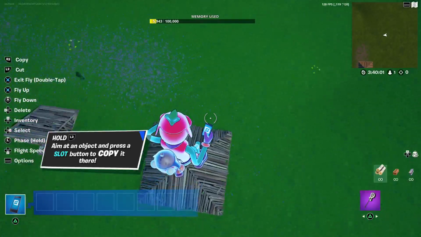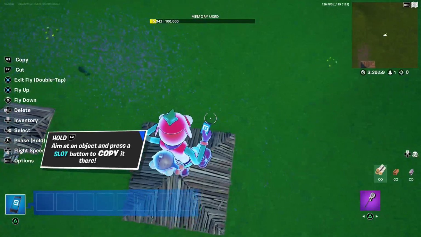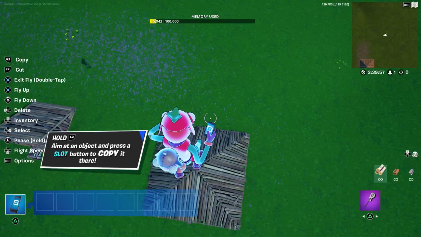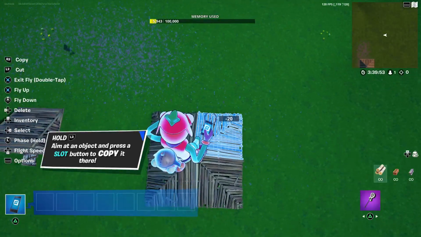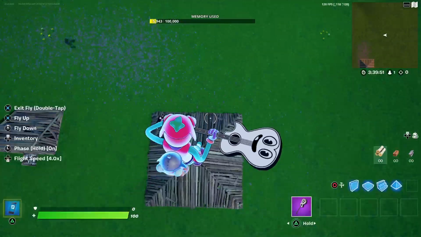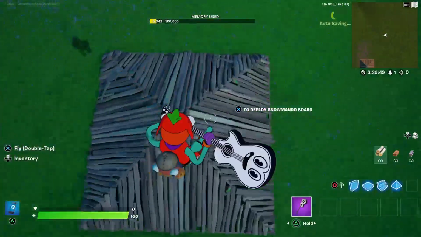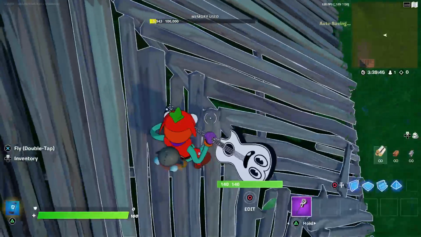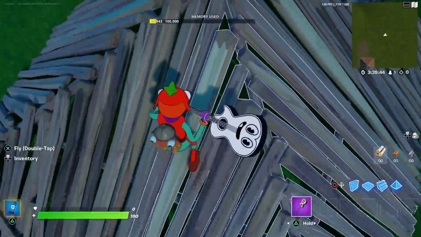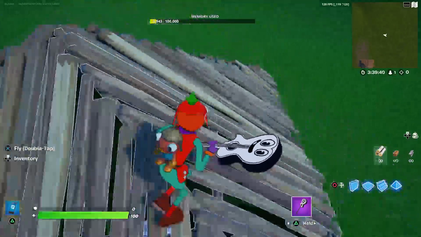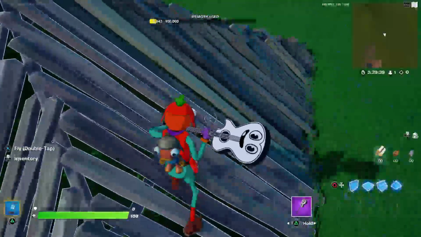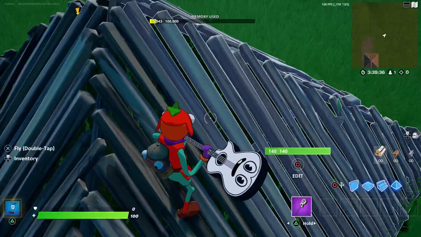Again, due to the mechanics of the game, I can't go through and make triangles on the ground. But you can see that when we go back down, we have a square base that's our bottom, and then we have 1, 2, 3, 4 triangles.